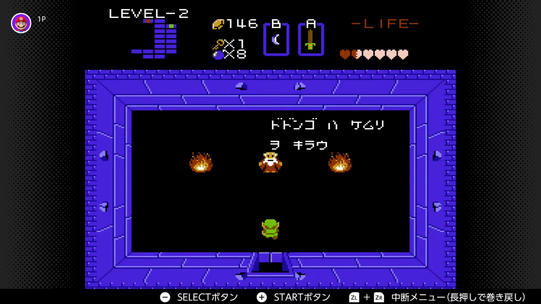Kirau, it should be accented. Let's see. Yes, it's accented. And it means to hate, to dislike.